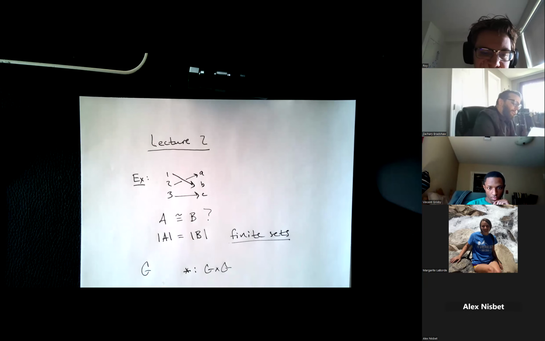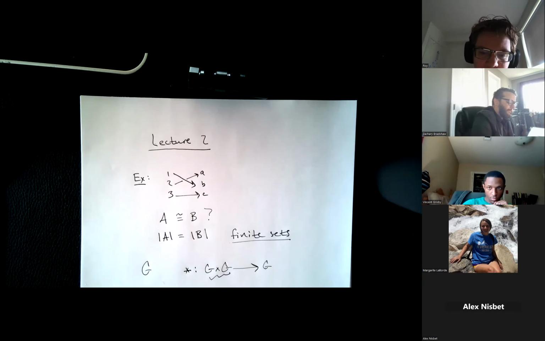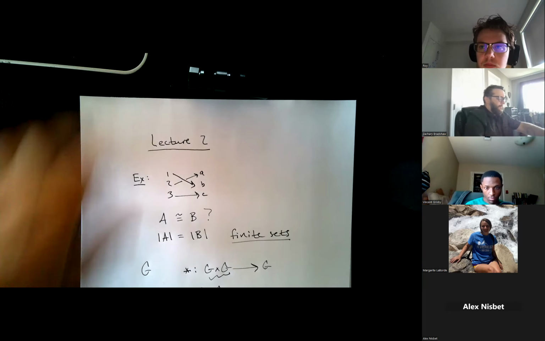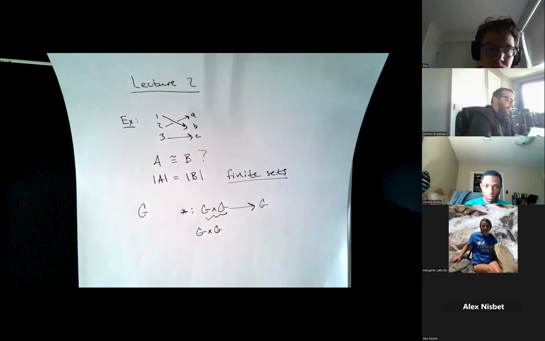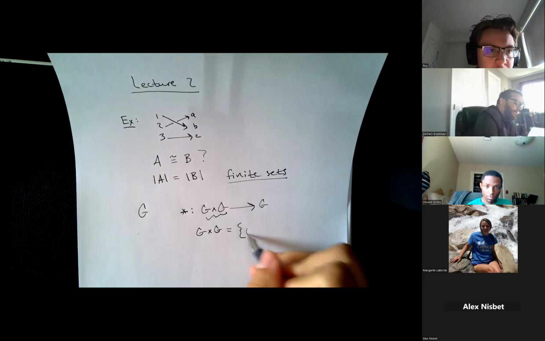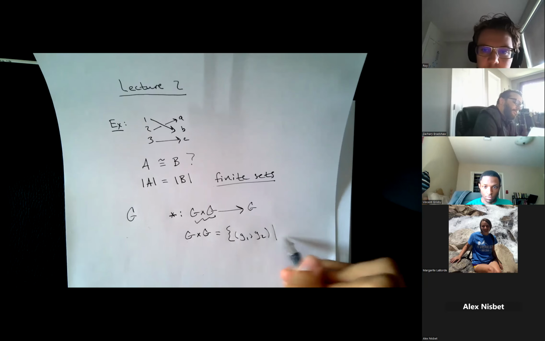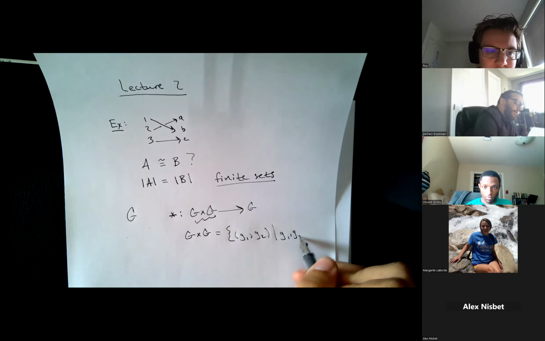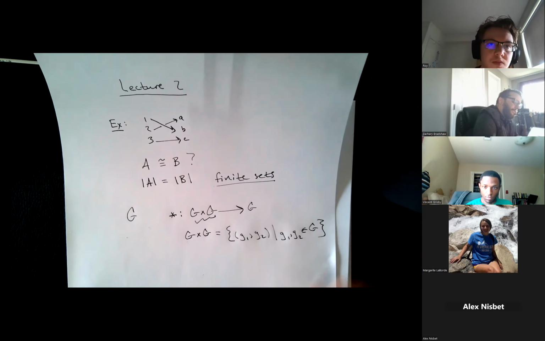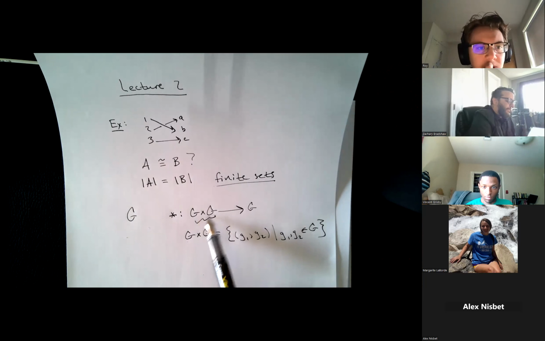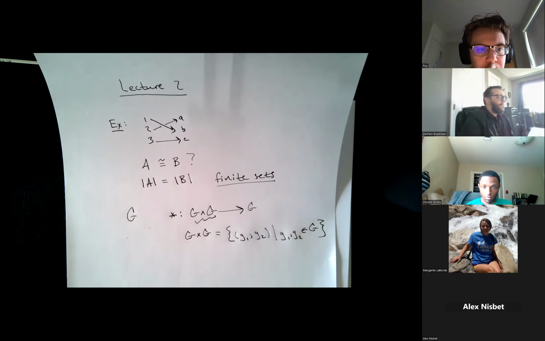A binary map goes from the product of a set with itself to itself. Maybe I should explain what this symbol means. This G cross G is the set of all pairs of elements, G1, G2, such that G1 and G2 are both elements of G. So the idea is: give me two elements of G and I'll give you another one.